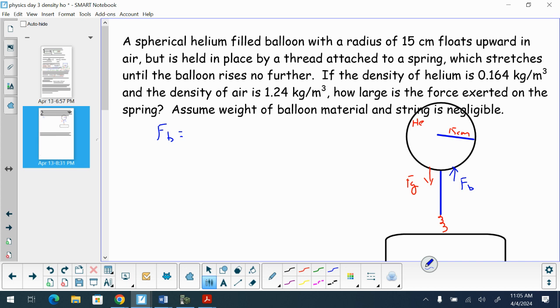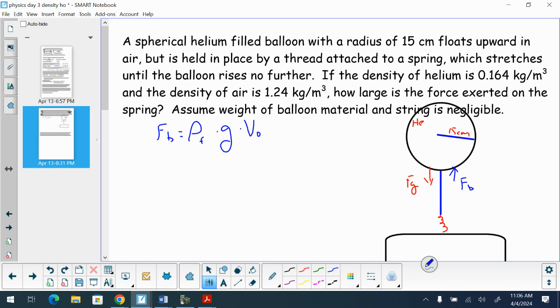And how we calculate the buoyant force is density of the fluid times our gravity times the volume of this object.